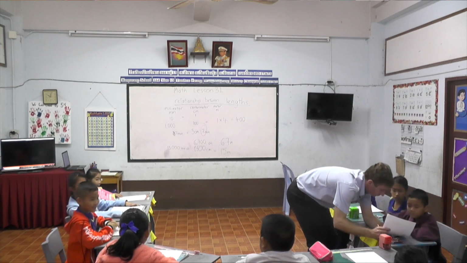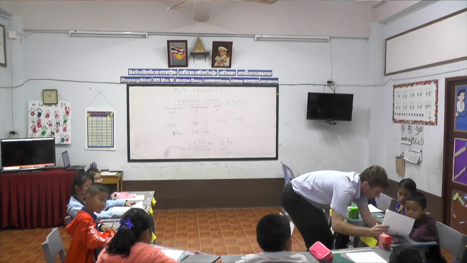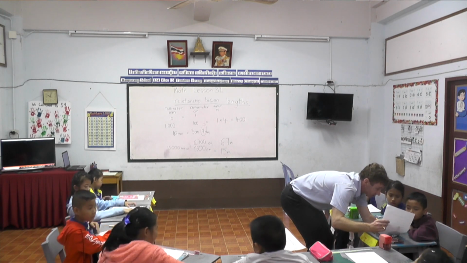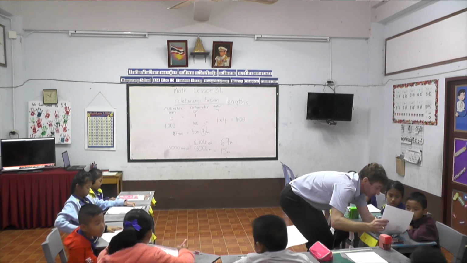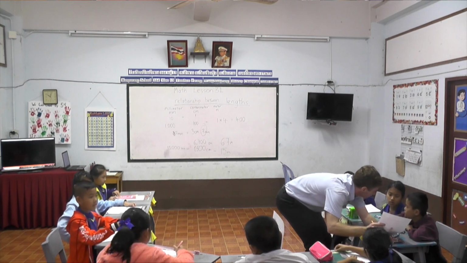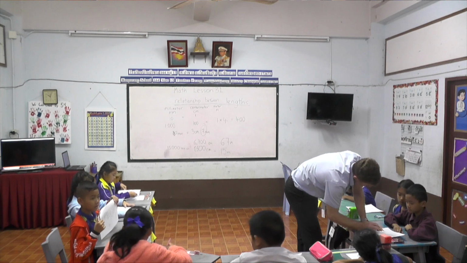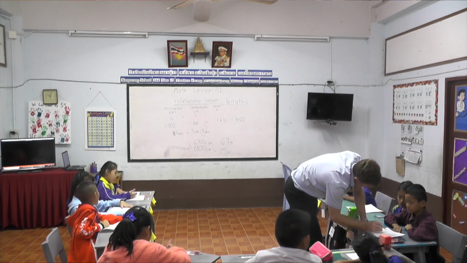This is perfect. 25,000 millimeters, 25 meters, but then not 9 centimeters, 190, 19. 6, perfect. 97. 4 meters, nope.